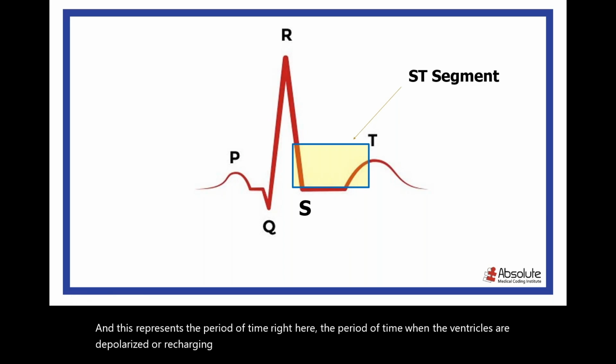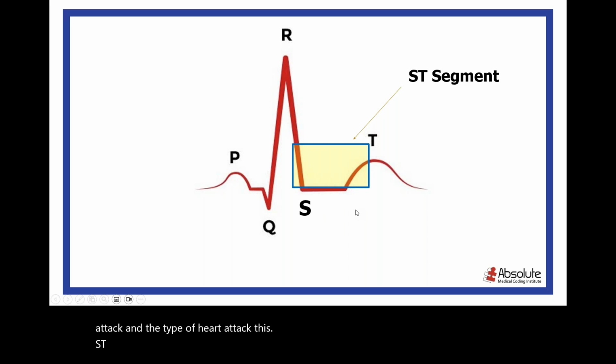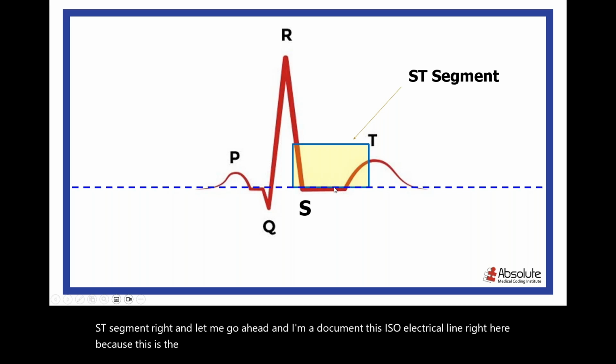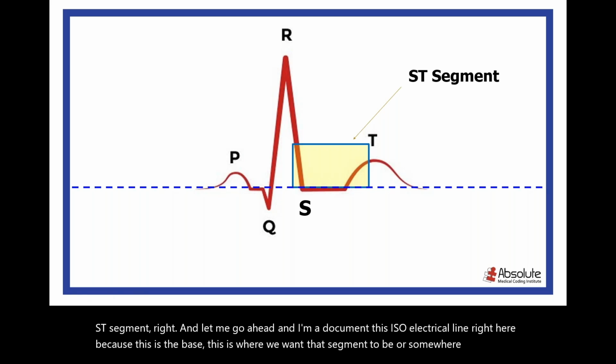And this is how we can tell if a patient is having a heart attack and the type of heart attack, this ST segment, right? And let me go ahead and document this isoelectric line right here because this is the base. This is where we want that segment to be or somewhere close, right?